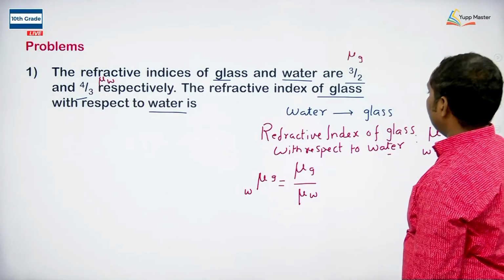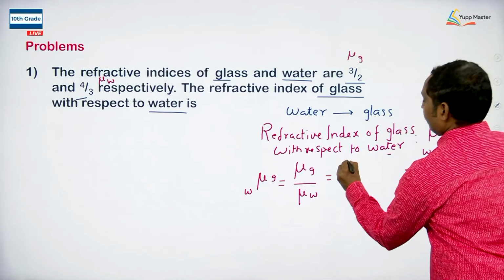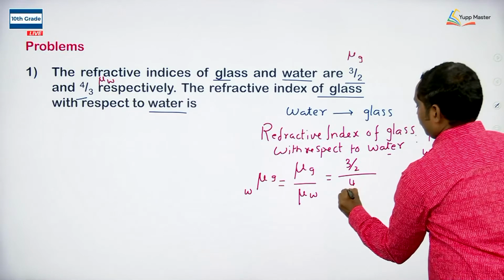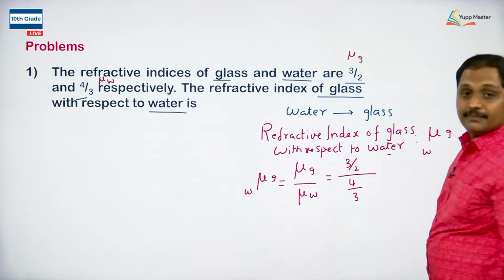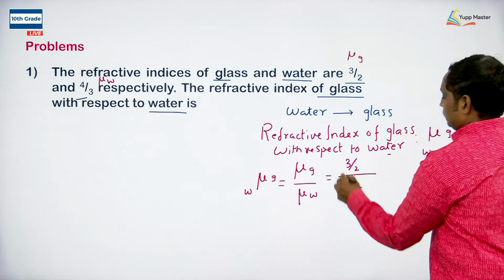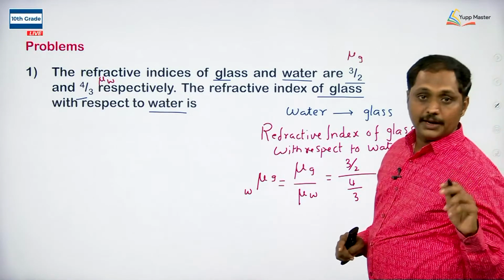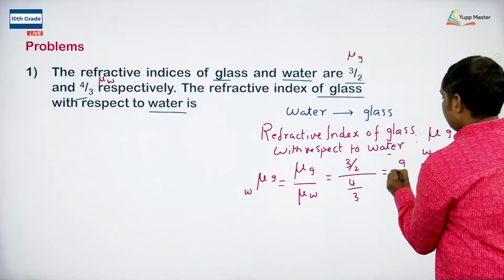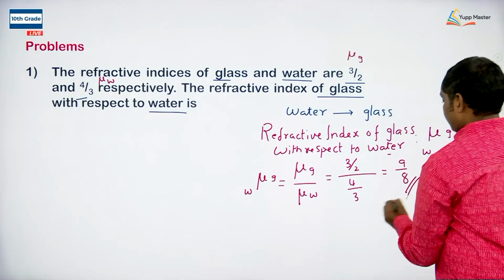Now you can take 3/2 whole divided by 4/3. Just take the ratio and its simplification, and you will get 9/8. That is the case.